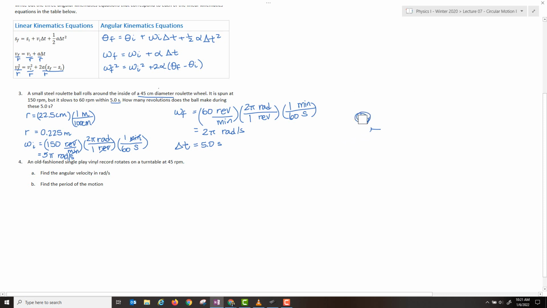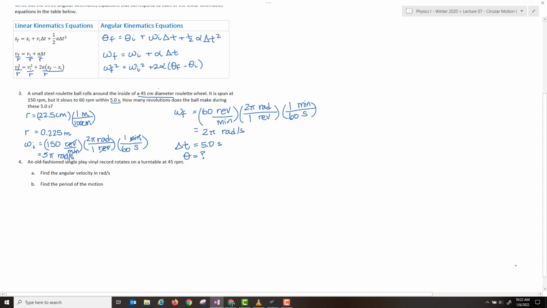Okay, so what we're going to do is figure out what is the theta. Once we know theta, we can convert the units from radians into revolutions. So I'm just going to say theta is my question mark. Okay, I'm looking how many revolutions, but once we find theta, which is in radians, we can convert radians into revolutions. Okay, so what equation are we going to use?